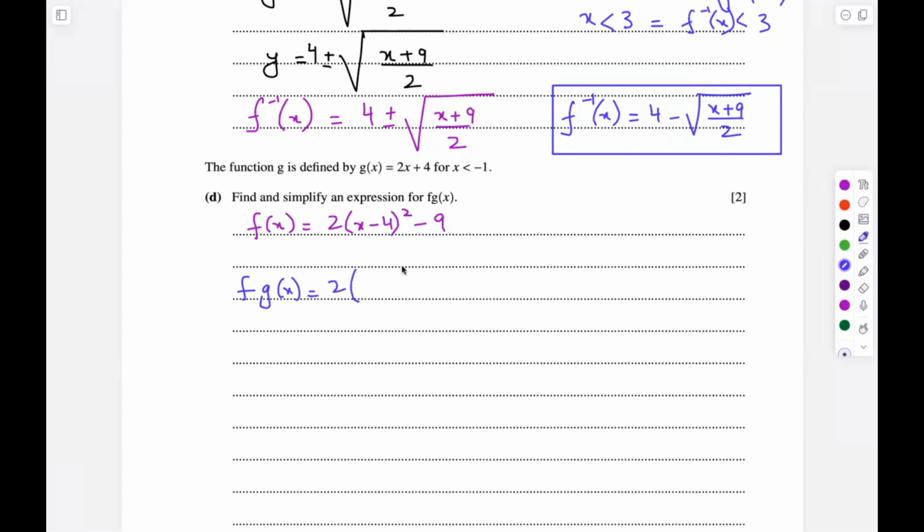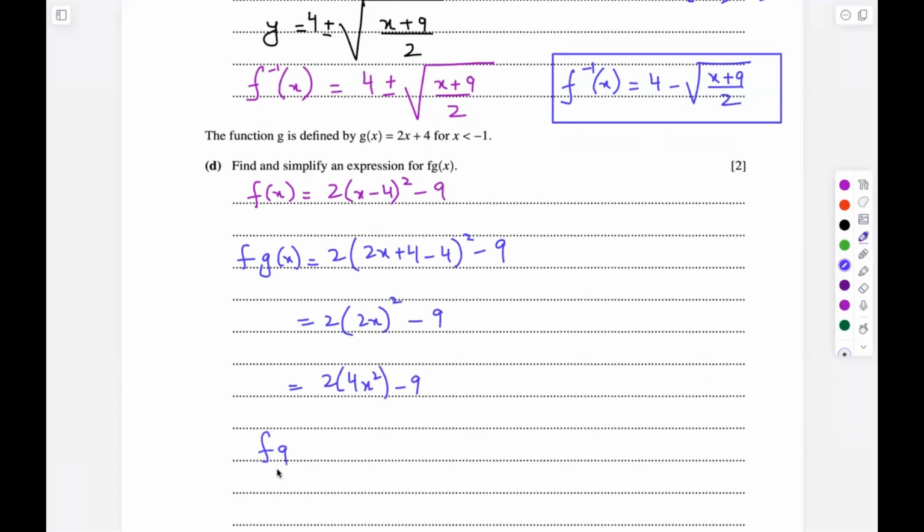As g is 2x plus 4, we can write 2x plus 4 in place of x in 2 into (x minus 4) whole squared minus 9. So this will be equal to 2 into (2x plus 4 minus 4) whole squared minus 9. 4 minus 4 will become 0, so this will be 2 into (2x) whole squared minus 9. (2x) whole squared will become 4x squared. So the final answer for fg of x will be equal to 8x squared minus 9.